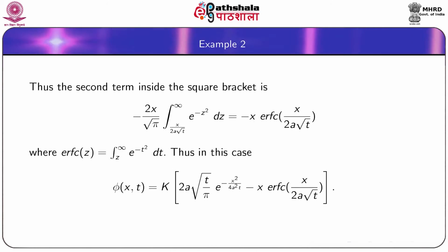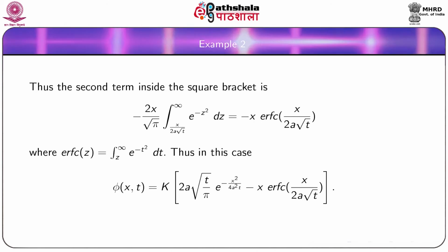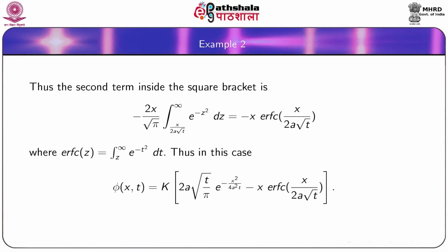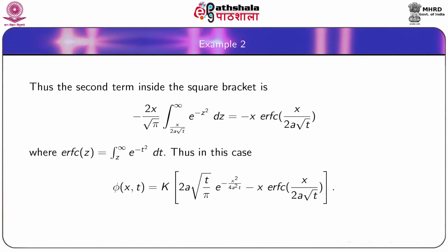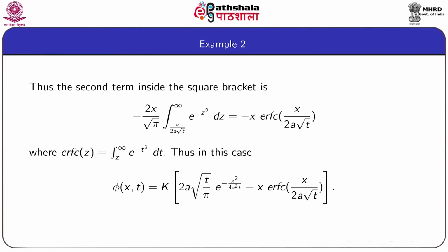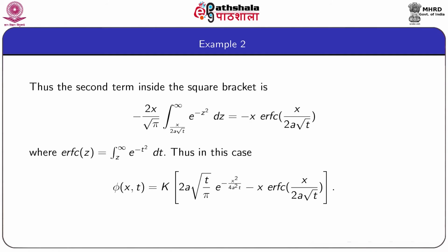This is equal to minus x into the error function with argument x/(2a√t), where the error function of z is the integral from z to infinity e^(−t²) dt. So that in this case φ(x,t) is equal to capital K into [2a√(t/π) e^(−x²/(4a²t)) − x erf(x/(2a√t))].